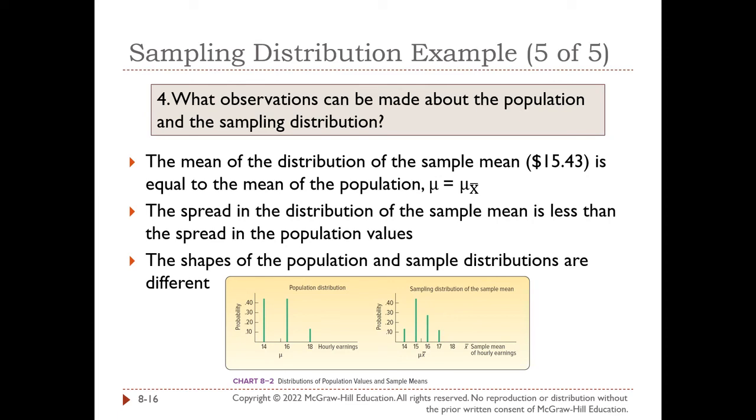So again, the shape of the population and the sample distributions are different, as we can see with 14, 16, 18. Here, when we have the 2 together of the 21, notice that it's kind of skewed to the left, and it's almost got a kind of sharp bell curve trying to start.